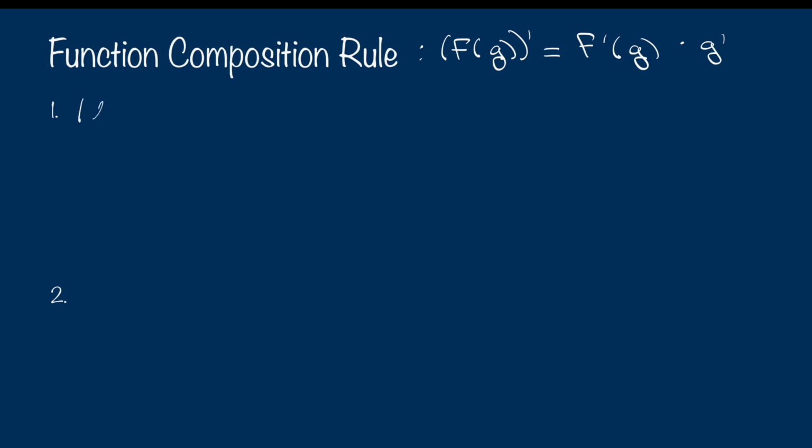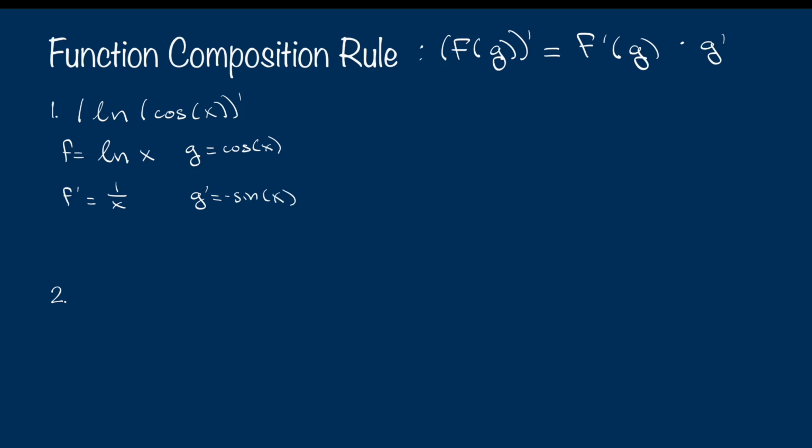So, an example: we're going to have the natural log of cosine x. Want the derivative, so we're first going to find our f, which is going to be ln of x. We're going to find our g, which is going to be cosine of x. The derivative of f is just 1 over x, and our derivative of g is negative sine x.